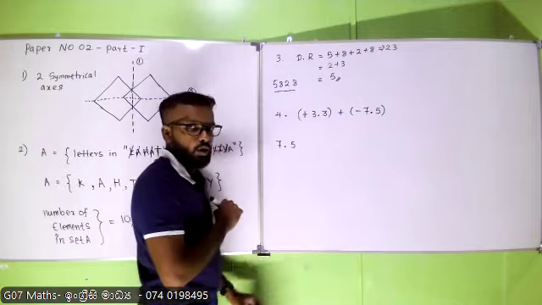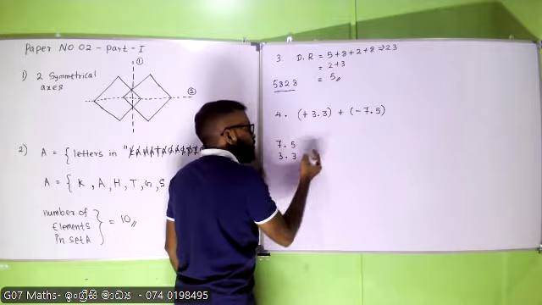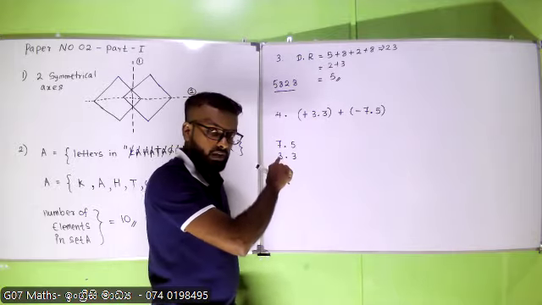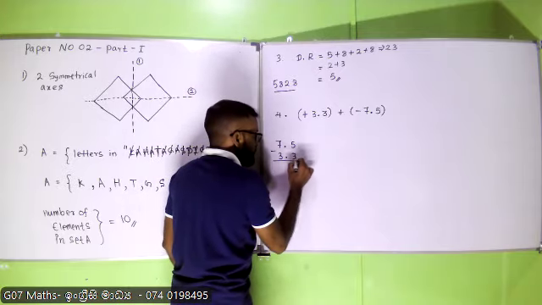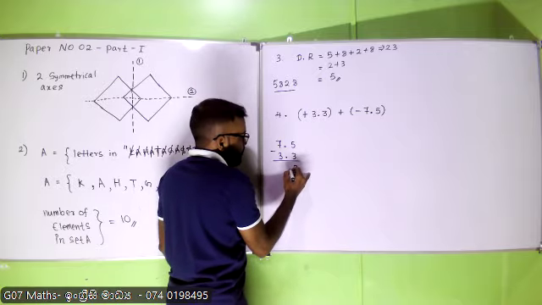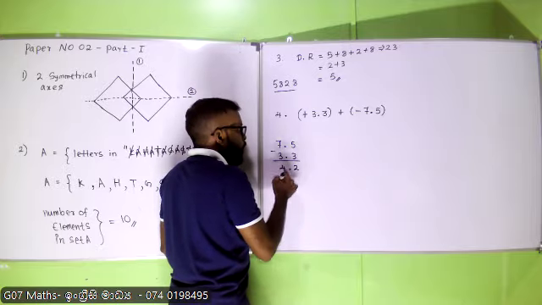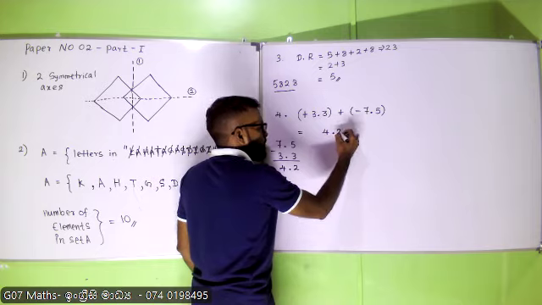Smallest number is 3.3. Since you have two different signs, you have to take the subtraction. 5 minus 3, 2. 7 minus 3, 4. 4.2. So your answer should be 4.2.